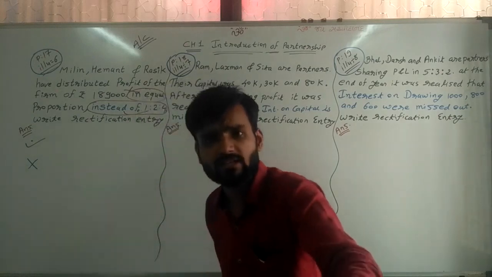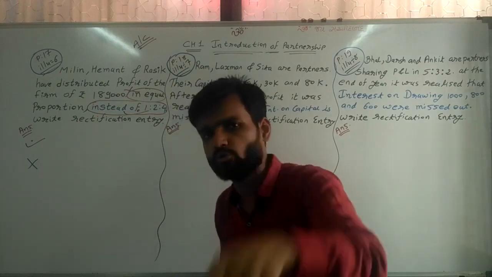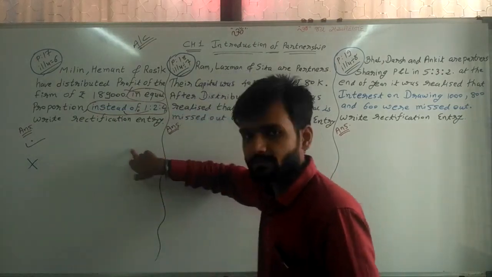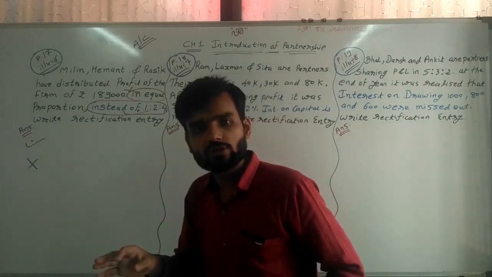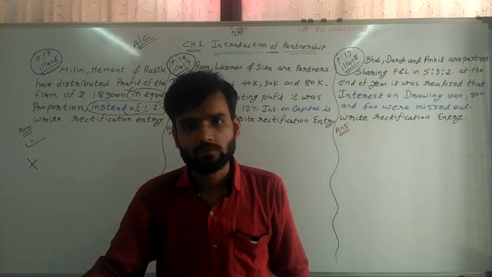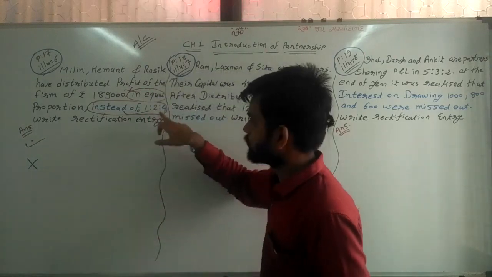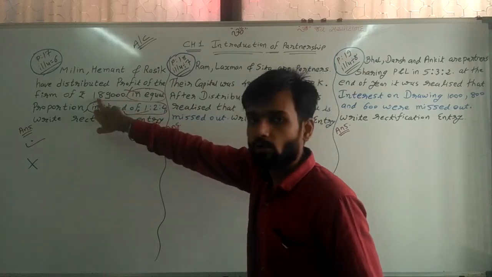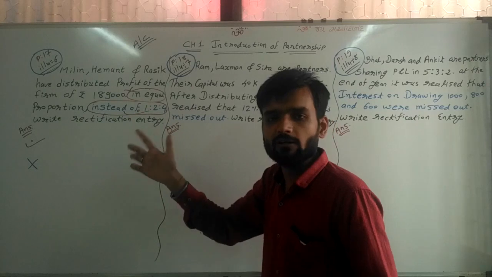In the textbook maybe there is a different calculation, but what you have to do is first correct, second wrong distribution. So first we are distributing in the correct ratio. The correct ratio is 1 to 4, so this 1,89,000 we first distribute in the ratio of 1, 2 and 4.